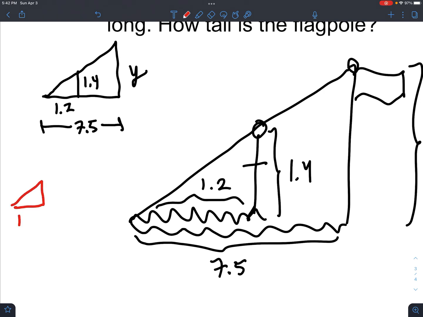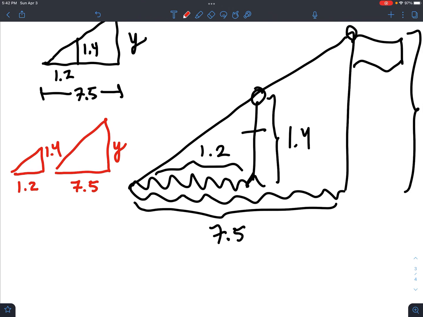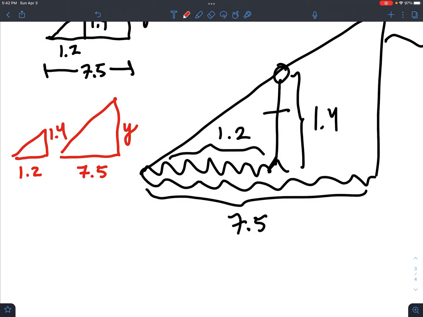But let's take a look and see if we can draw each of these separately, at least for one time. I think I would maybe set up a fraction.